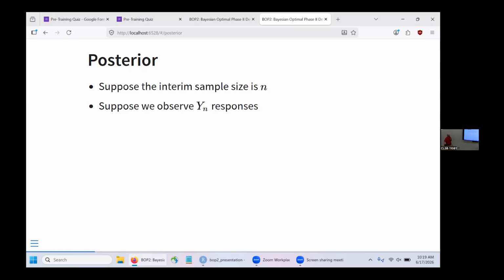Y sub n is the number of responses that we observe. Then the posterior takes this distribution. Our parameter P, conditional on the number of responses that we observe, is still beta, so it's a conjugate prior. But we've changed the parameters. We've added our y sub n to the first parameter, and then essentially the complement, n minus y sub n, to the second parameter.